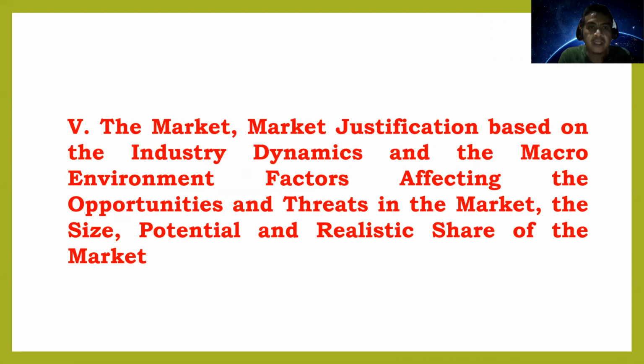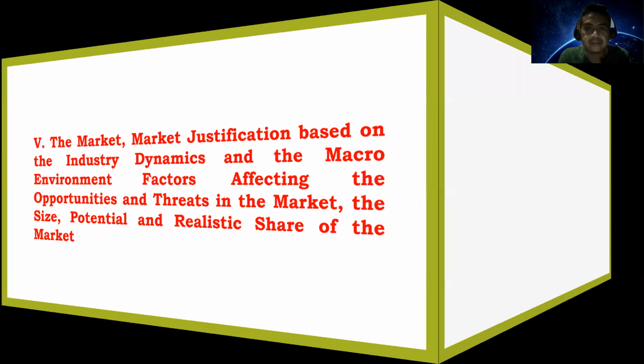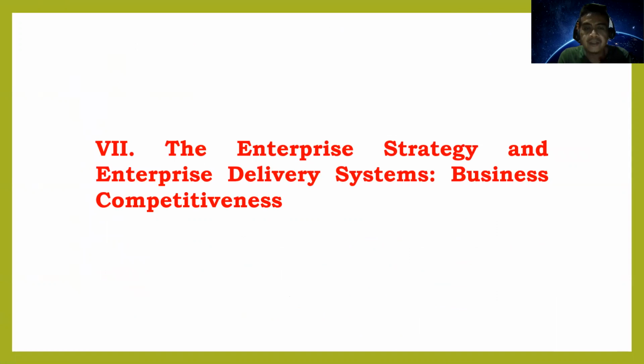Then we have the market, and the market justification based on the industry dynamics and the macro environment factors affecting the opportunities and threats in the market, the size, potential, and realistic share of the market. The sixth part is the product and service offering, the enterprise strategy and enterprise delivery systems, the business competitiveness.